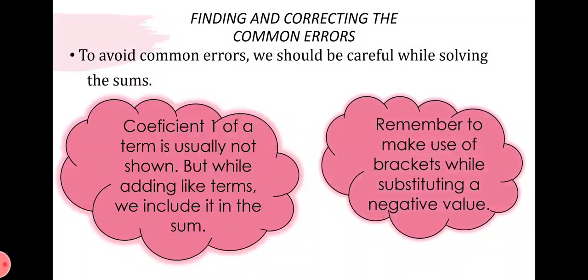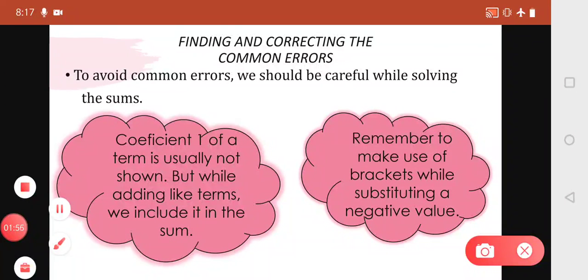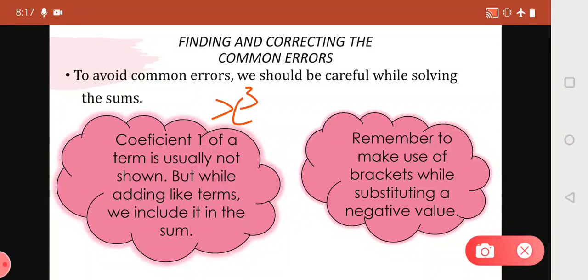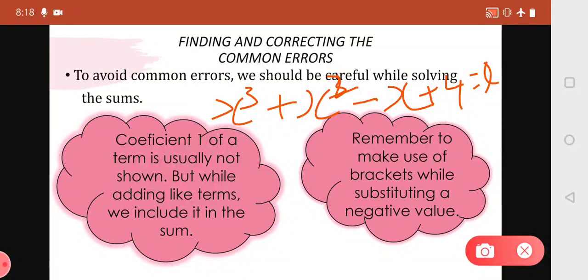Next point, remember to make use of brackets while substituting a negative value. Now suppose we want to find out the value of the given expression by substituting the value of given variable. Suppose that in the expression x cube plus x square minus x plus 4 equal to 0, we want to substitute the value of x equal to minus 1.